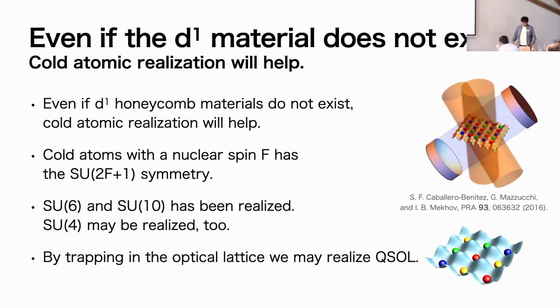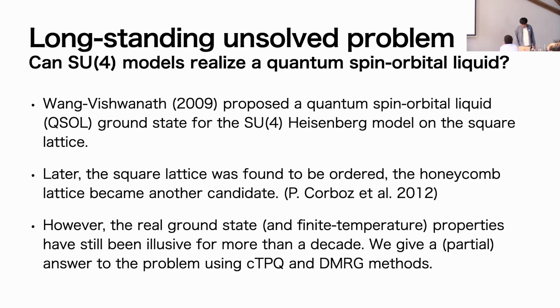So by trapping these cold atoms in the optical lattice, we may also realize QSOL. So there are many routes to realize SU4. That's what I want to say. And this is not a kind of toy model or dream thing. The model itself is very important as a real system.